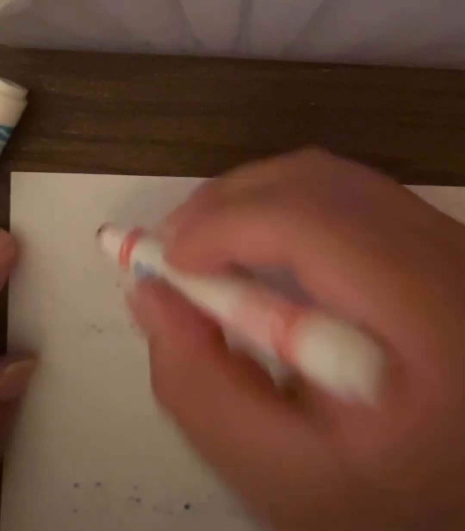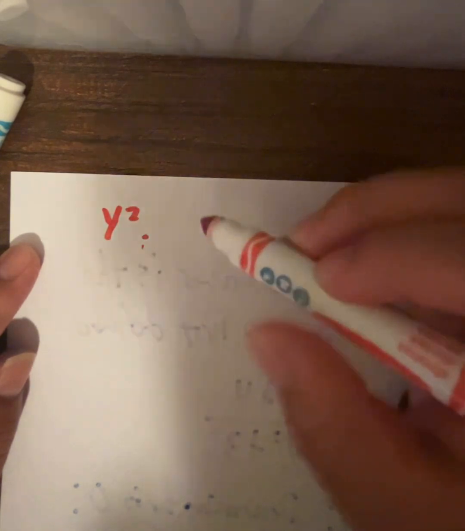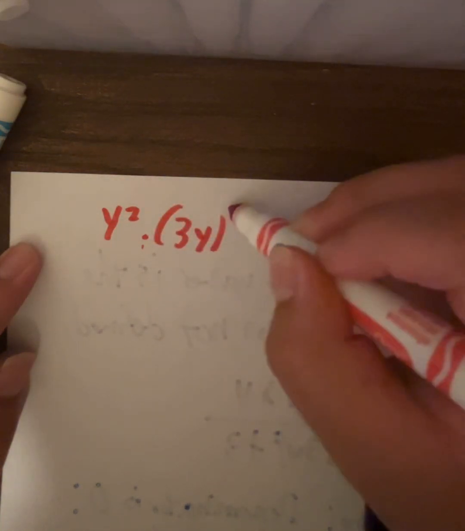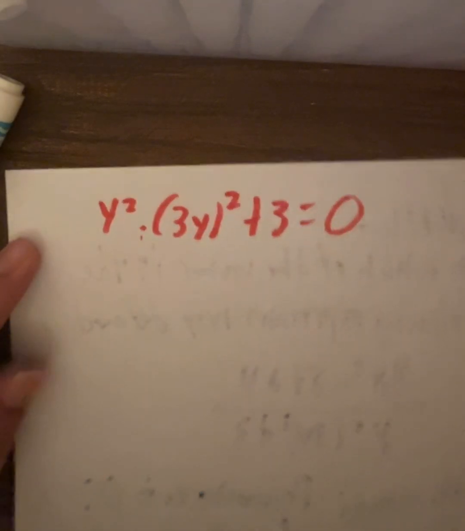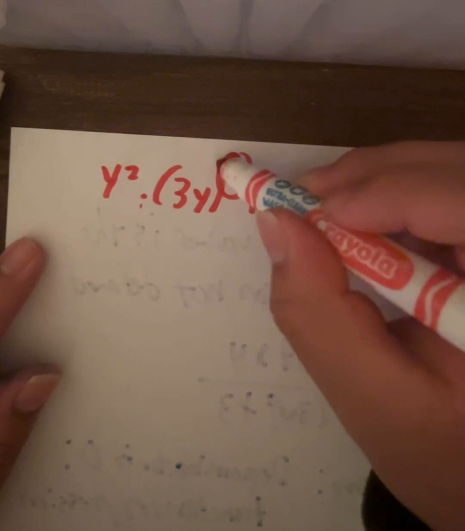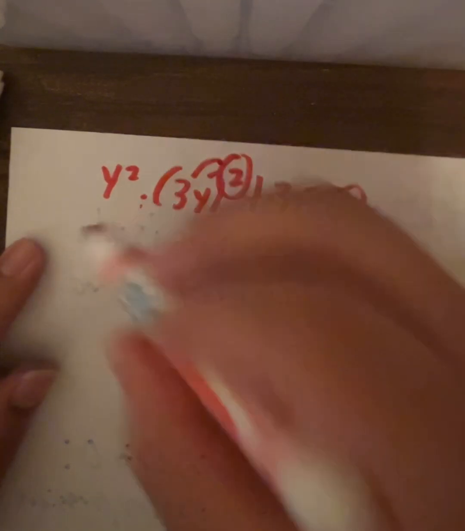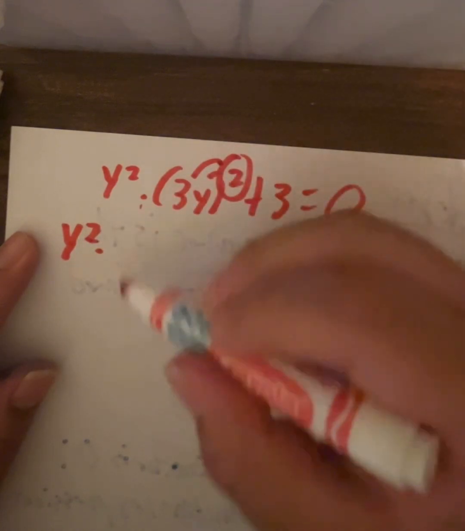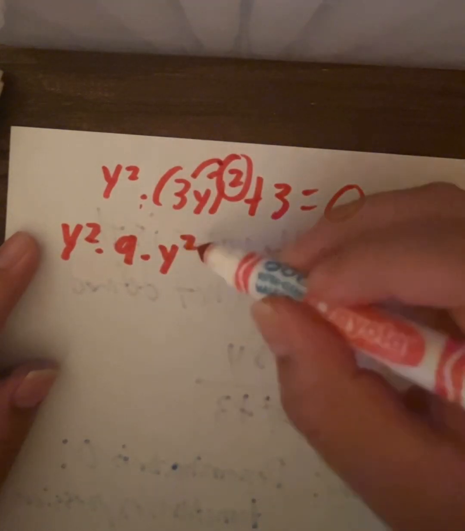So we have y squared times 3y squared plus 3 equals 0. And so remember, the memory game says to distribute the 2 to the 3 and to the y. So we have y squared times 9 times y squared plus 3 equals 0.